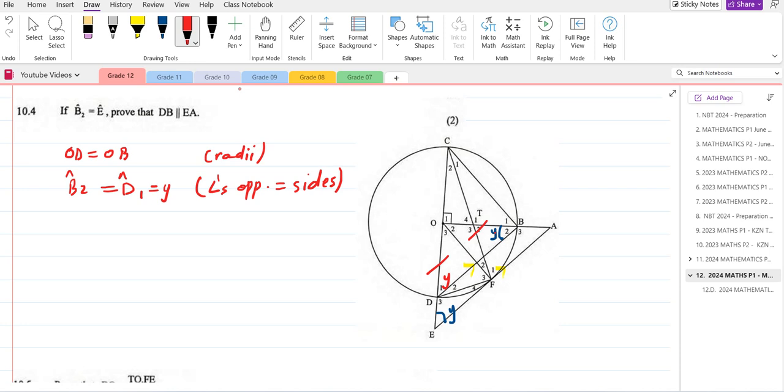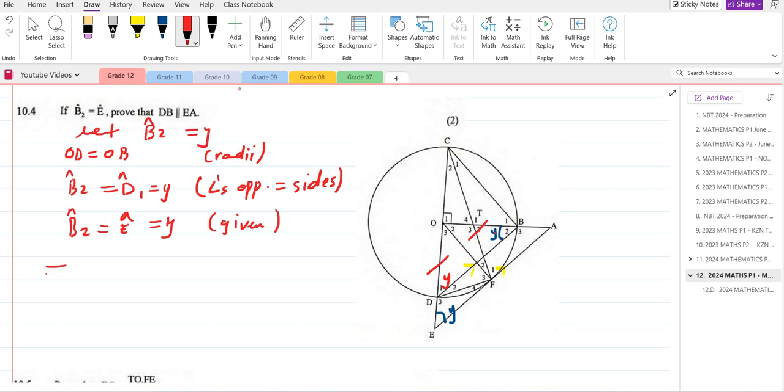And then we got angle B2 equals angle E, which is equal to y. That was given, right? You should actually say let angle B2 equal to y. So now we got y and y.